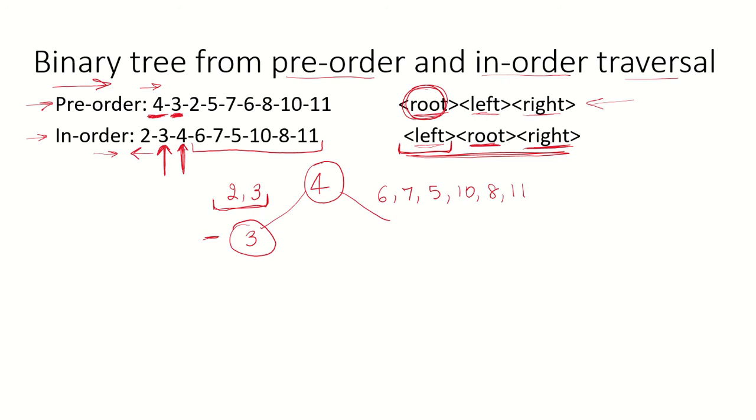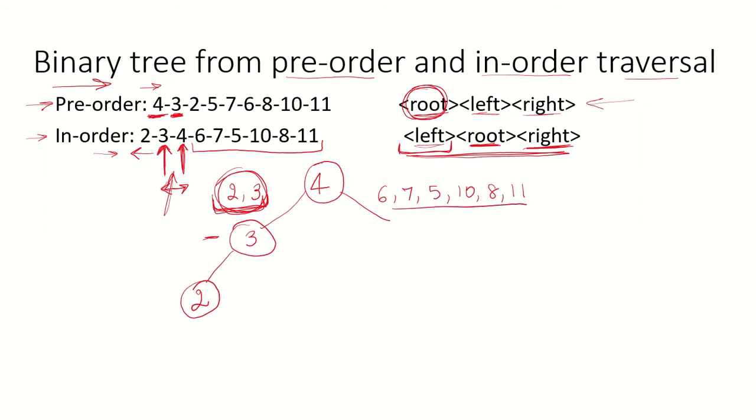That means 2 belongs to the left subtree of 3. So here we have 2. Now we are done with all the elements over here, and there is no right subtree of 3. Otherwise there would have been an element between 3 and 4, and there is no element remaining over here either.